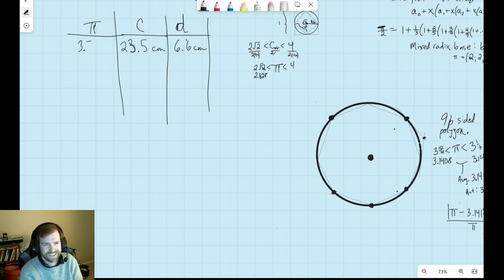Nice. We can do better. So percent error, this is going to be the measured minus pi, over pi. It's going to be 13.3.